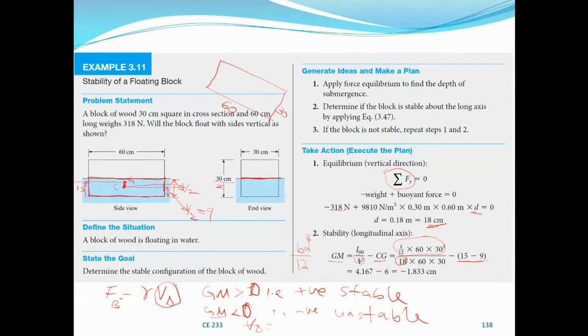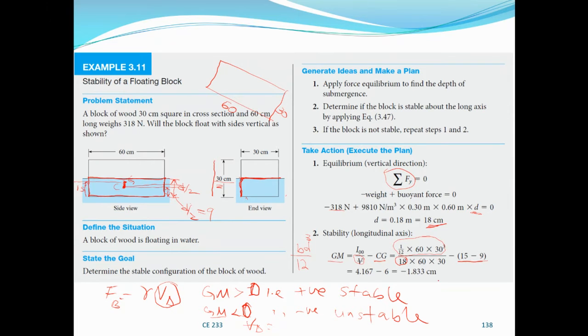That's why we have BD cubed over 12. We didn't use the depth, either the submerged depth or the total depth of wood. It is at the water surface section.